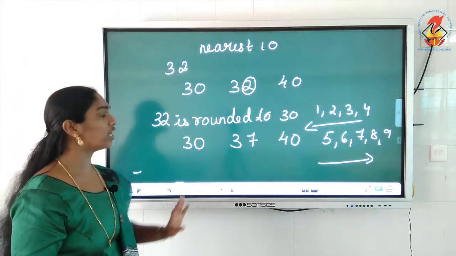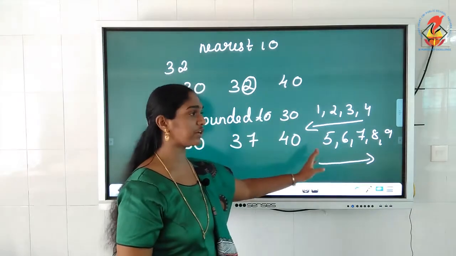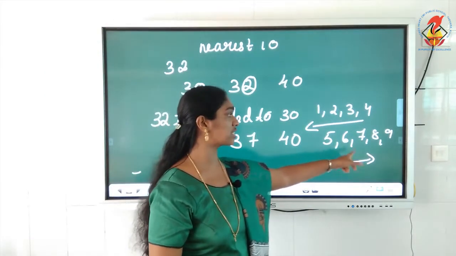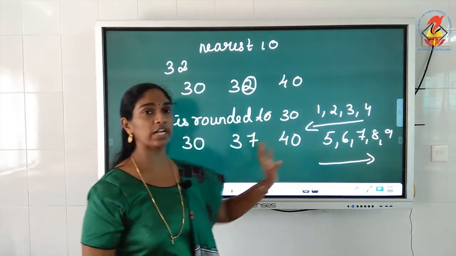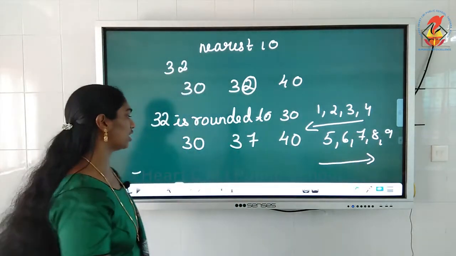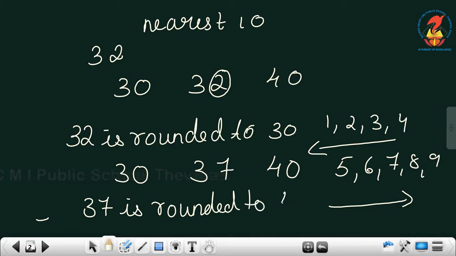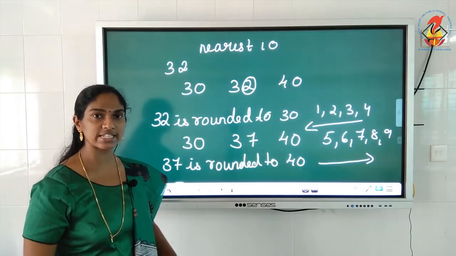It will go to the second 10, because I have told you if the digit in the ones place is 5, 6, 7, 8 or 9, that number will be rounded to the next 10. So 37 is rounded to 40. Clear children? So this is how we round to the nearest 10.